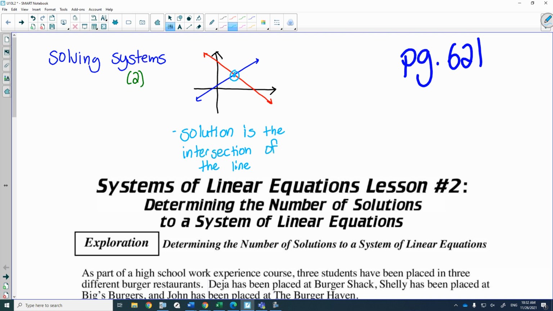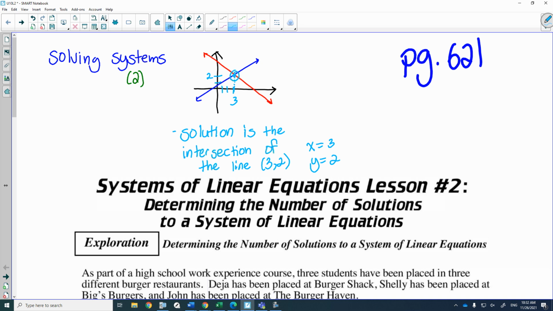What we would have done is we would have said, okay, what is that x coordinate? Let's just say that was at 3. And what is the y coordinate? Let's say that guy's at 2. The solution to the two systems would be x comma y, which would be 3 comma 2. Or we would have written the solutions as x is equal to 3 and y is equal to 2.